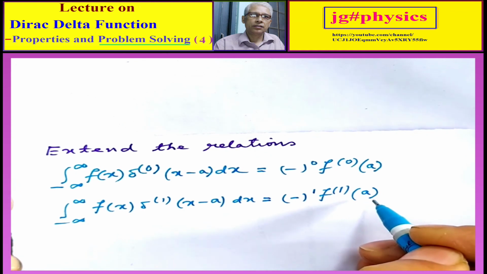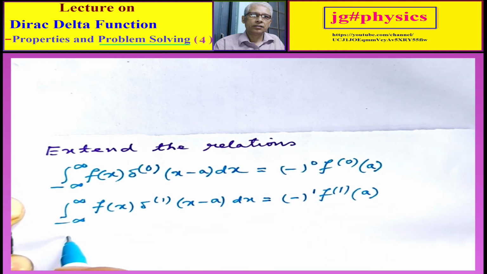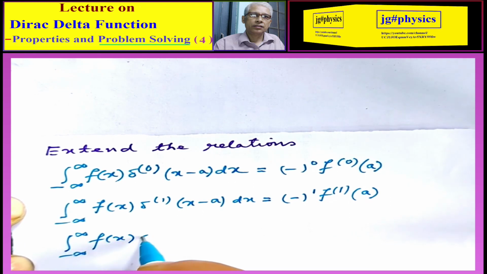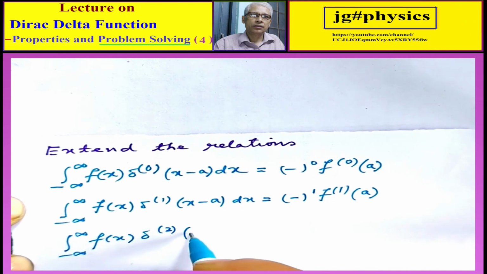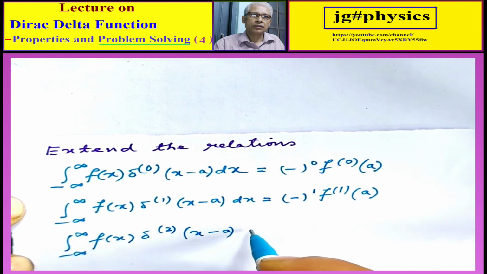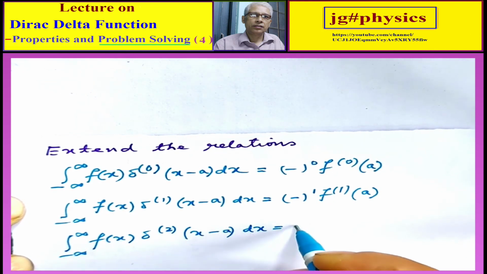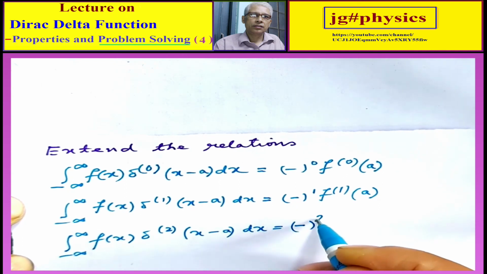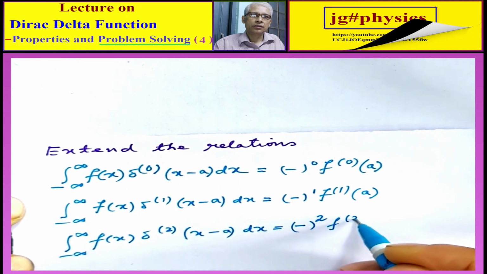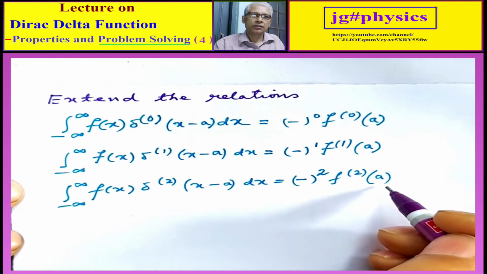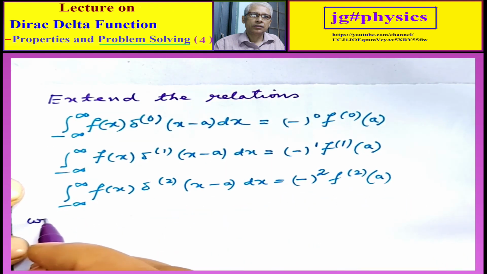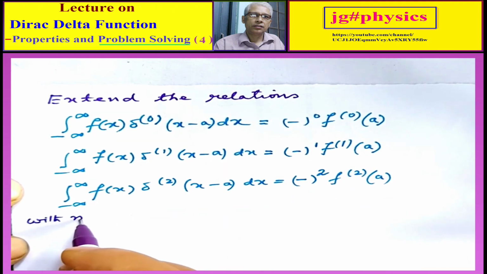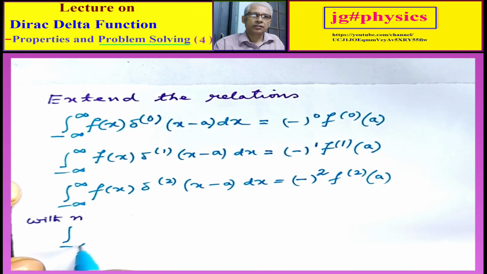We also got a relation involving second derivative, which is as follows. And therefore, why not have one with nth derivative?